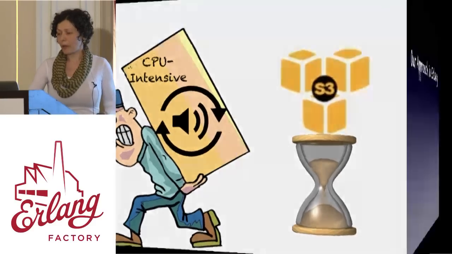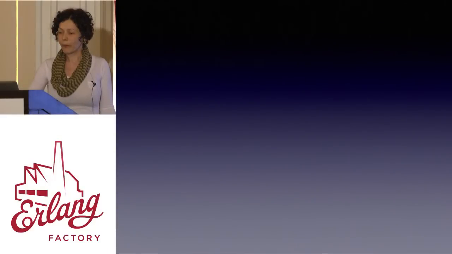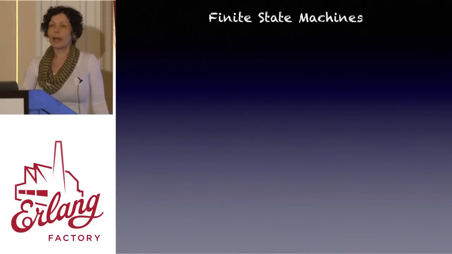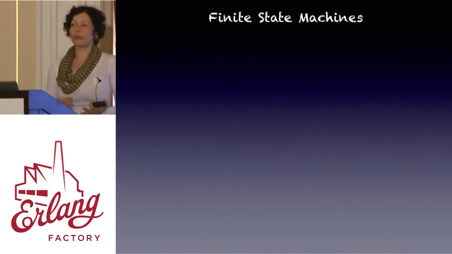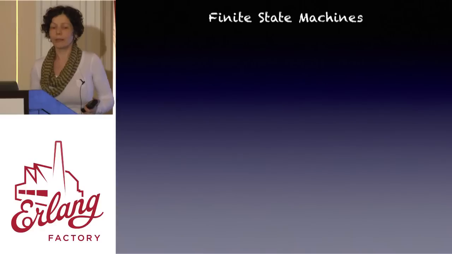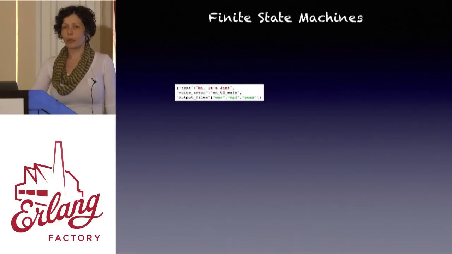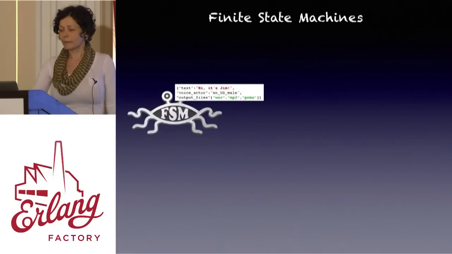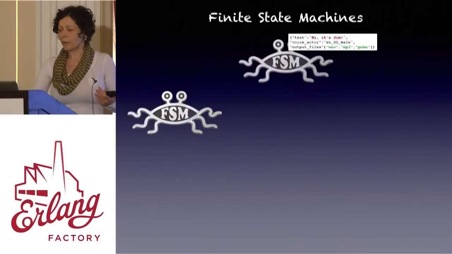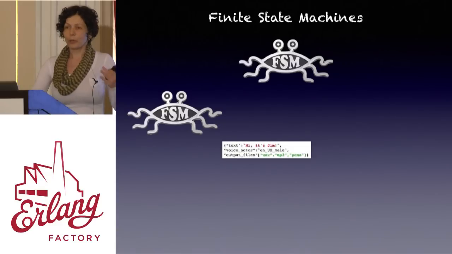So how do we approach this problem in Erlang? We create a finite state machine for every audio request that comes in. It could have been a gen_server. We just decided on a finite state machine at that time. So a request comes in, we spawn a new FSM, and another request comes in, we spawn another FSM, and another request comes in, we spawn another FSM.